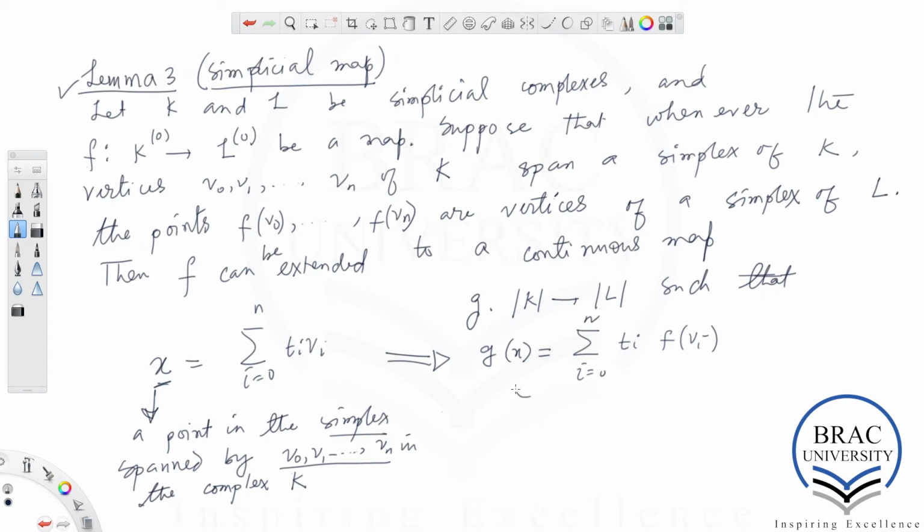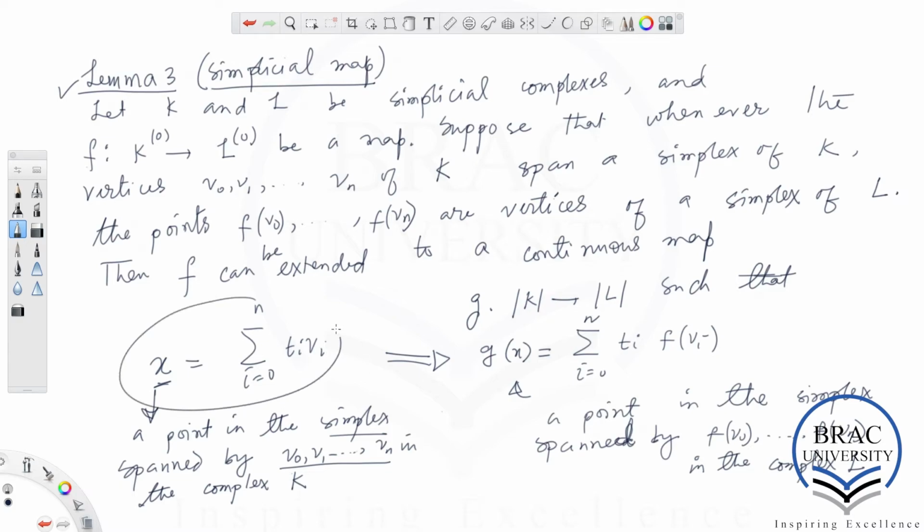This indicates a point in the simplex spanned by f of v0 all the way up to f of vn in the complex L. So this thing will imply this thing.